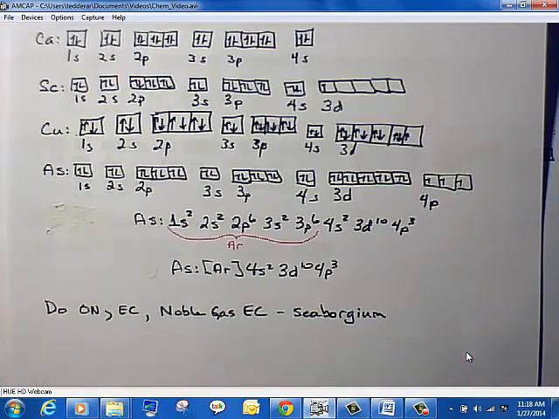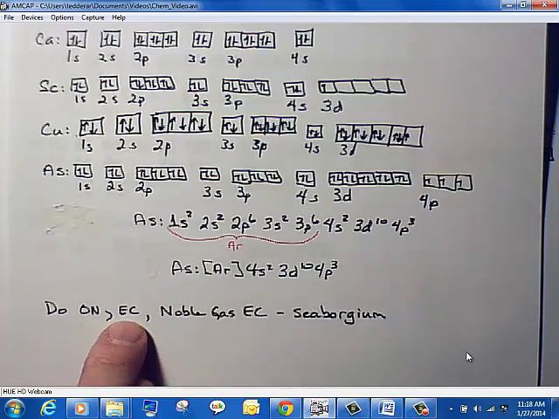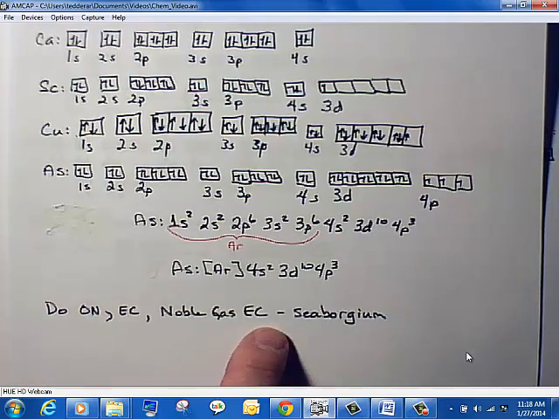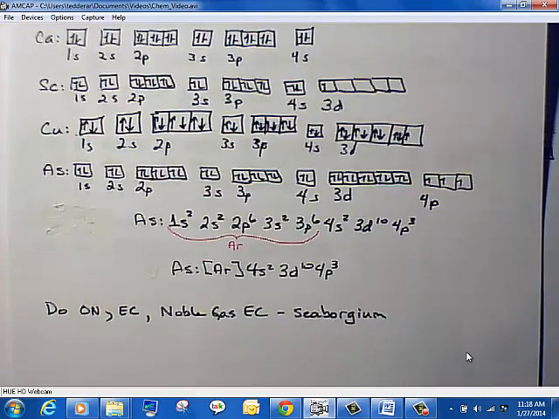Seaborgium is named for the scientist who led the team that probably created more man-made elements than any other group of scientists. What was that first one after the word do? Do orbital notation, electron configuration, and noble gas electron configuration for seaborgium. That's the homework in addition to finishing your cube.